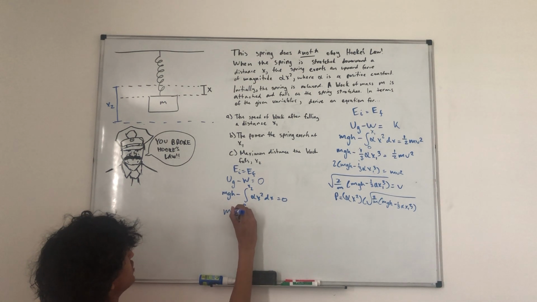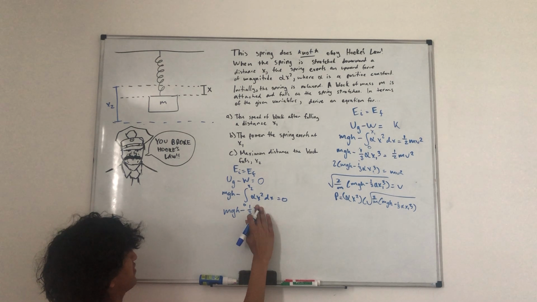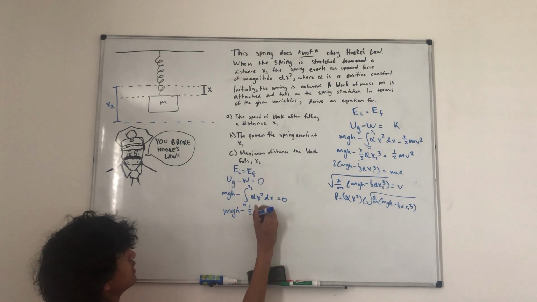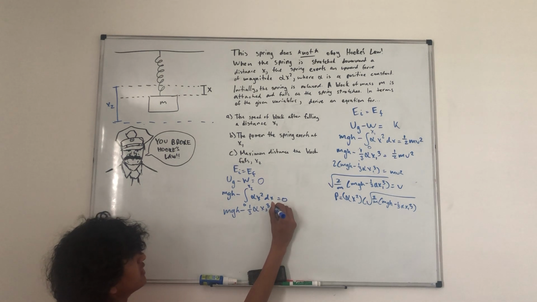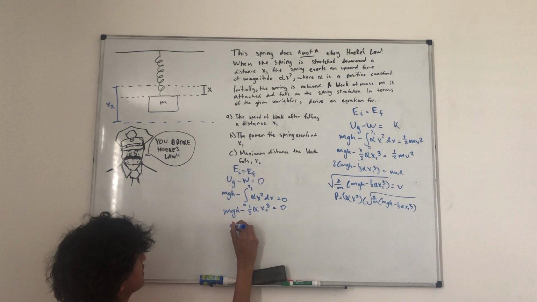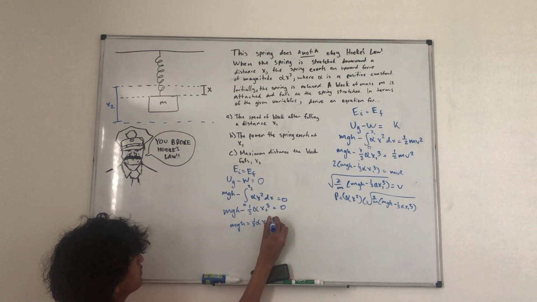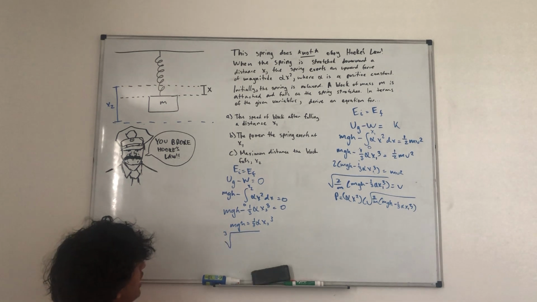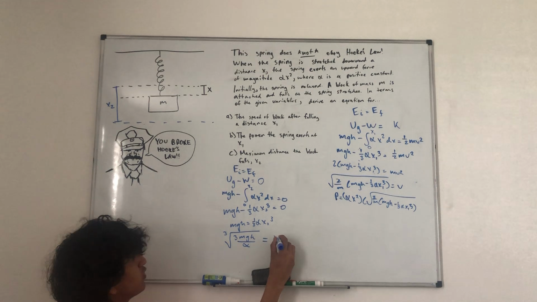We'll say mgh is going to equal 1/3 alpha x cubed, and then we can solve for x2. Just doing some algebra from here. So you get a cube root. You're going to have 3mgh over alpha is going to equal x2.